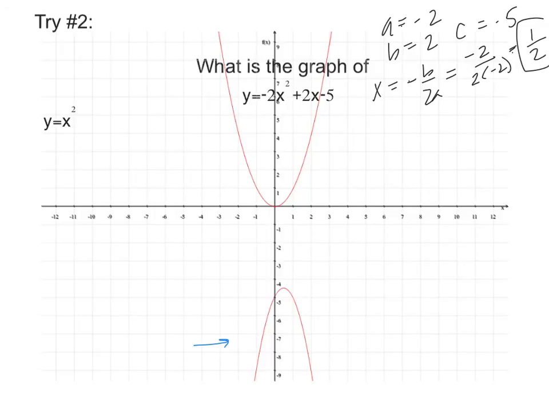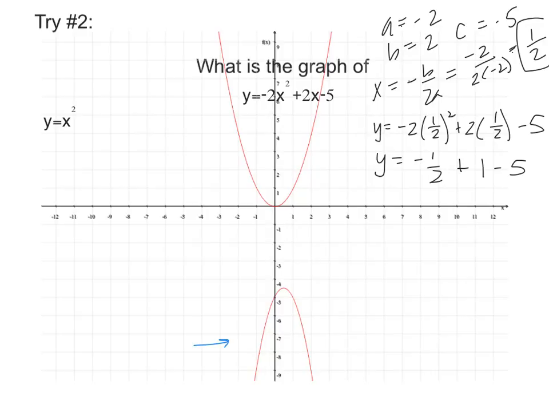So then I take that x value and substitute it into my overall function. So that's -2 times (1/2) squared plus 2 times 1/2 minus 5. 1/2 squared is 1/4, and -2 divided by 4 is -1/2. Plus 2 times 1/2, or 2 divided by 2 is 1, minus 5.